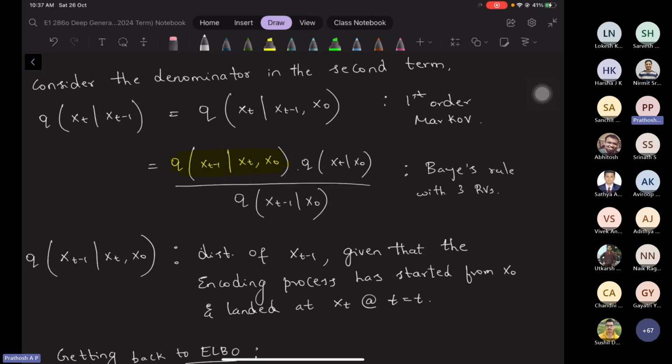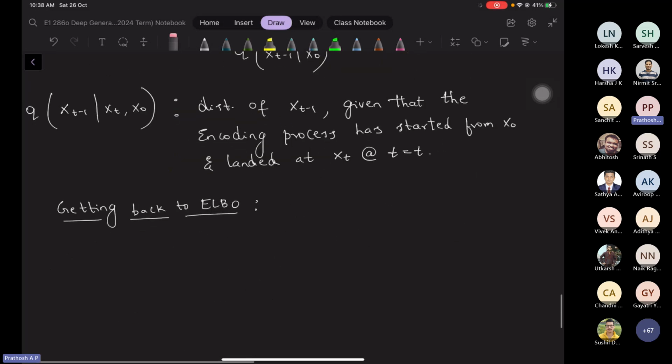You can use the Bayes law and write it as q of xt minus 1 times q of xt divided by q of xt minus 1, but you will get terms like q of xt, q of xt minus 1, and so on. These marginals are not computable. However, we can compute both q of xt given x naught and q of xt minus 1 given x naught. We will see that in a while.